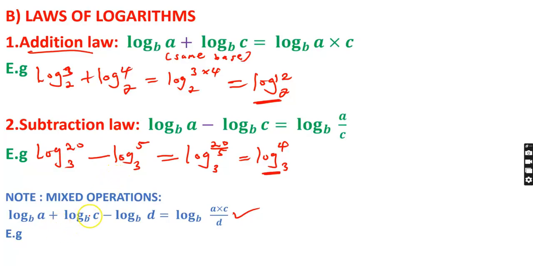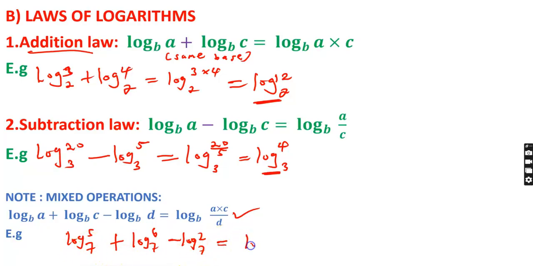Let's see an example to that effect. If I have something like log 5 base 7 plus log 6 base 7 minus log 2 base 7, consider that I have addition and also subtraction, and they are all of the same base.